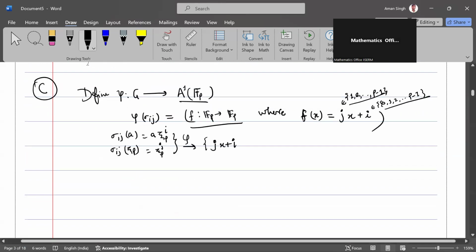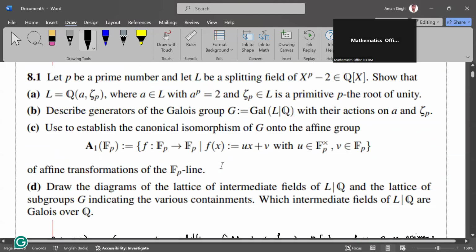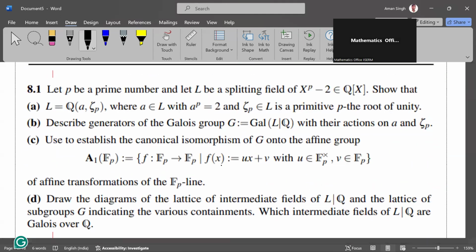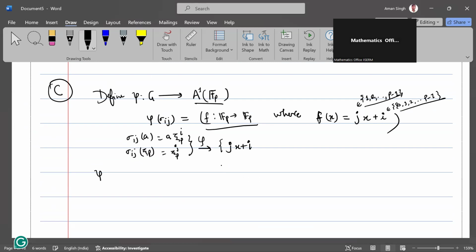Okay, so from here, is this phi onto, an isomorphism? That is what we want to see, right? Is this an isomorphism for any this kind of map where j belongs to FP star and i belongs to FP.